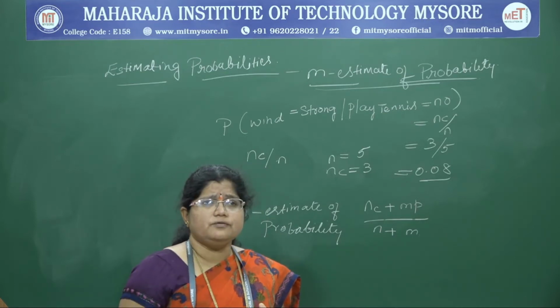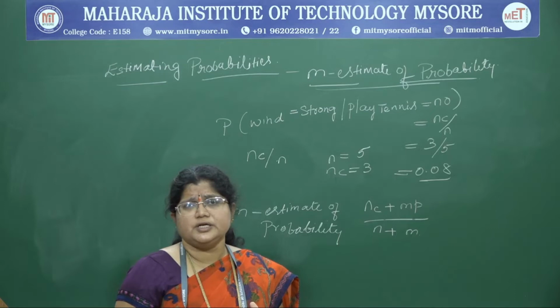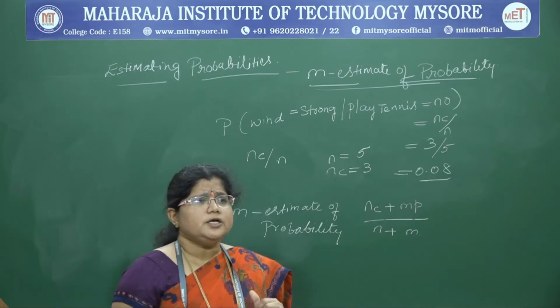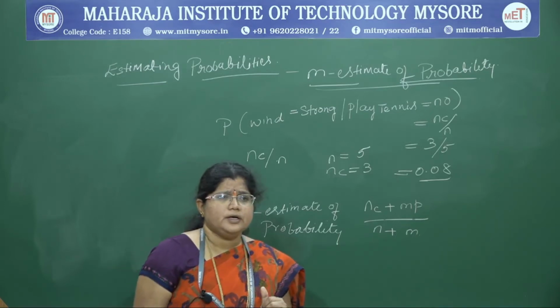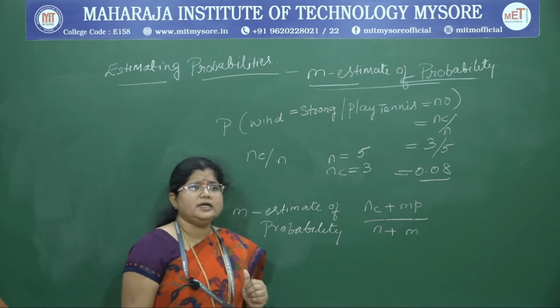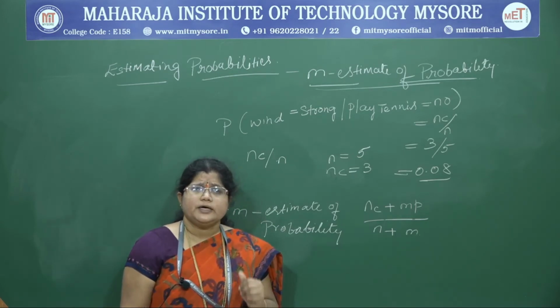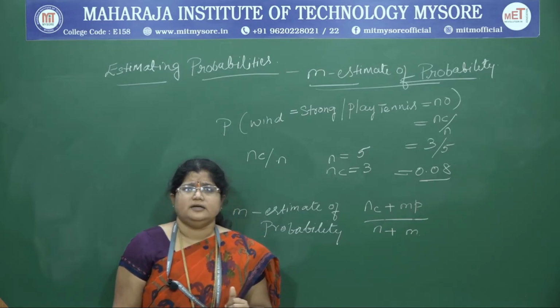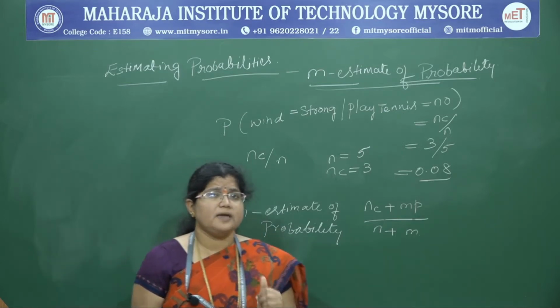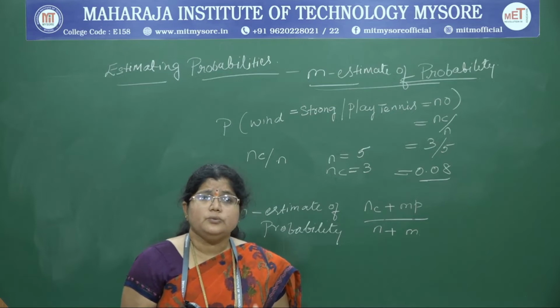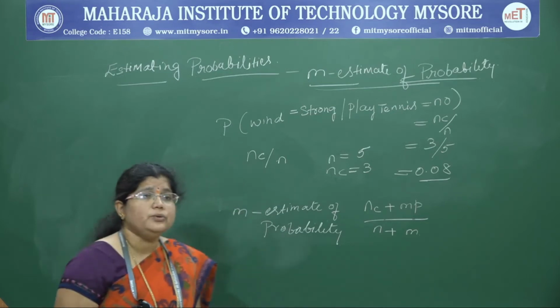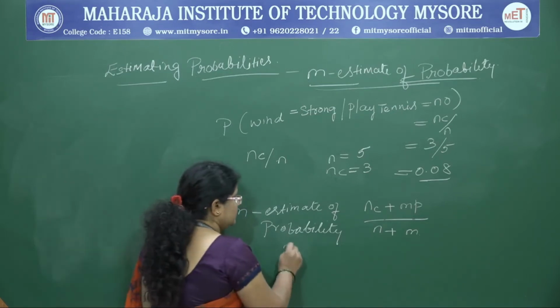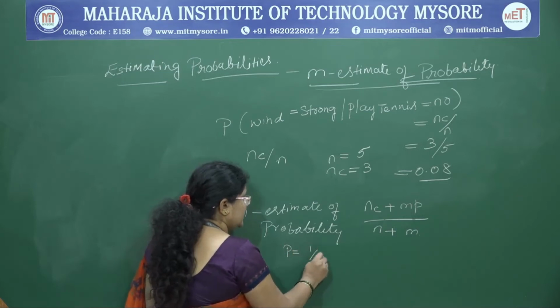In the absence of other information, we need to assume a uniform prior. Let us consider that the attribute contains k possible values. Then we can set the P value as P is equal to 1 by k.